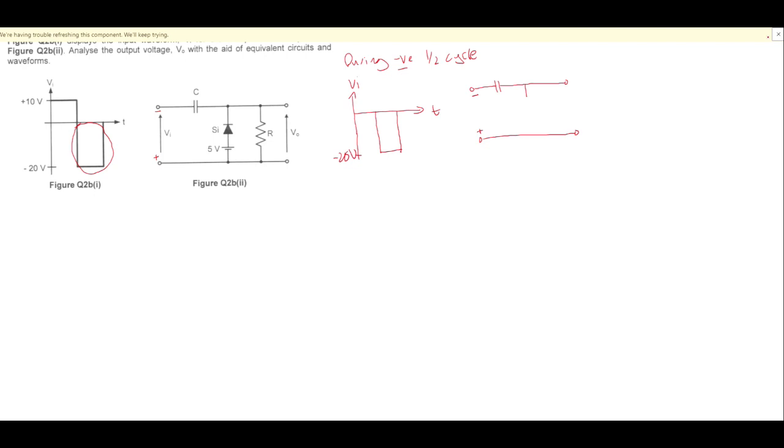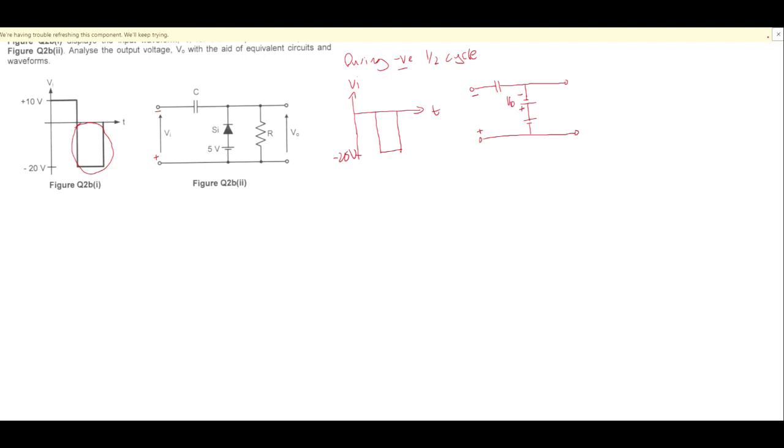So you can draw like this, negative and positive, followed by the DC voltage here. Then you need to indicate the polarity of your voltage for both the DC and the diode voltage. For the diode voltage, this one is plus, this one is minus, VD.